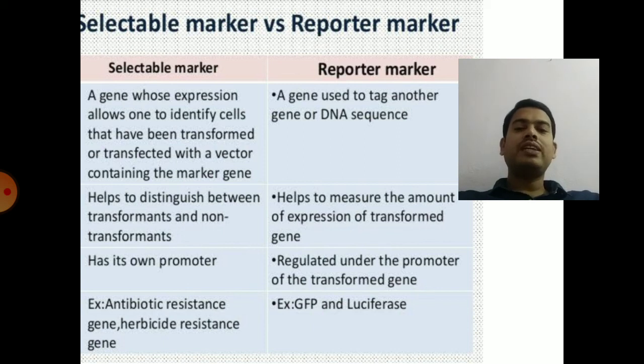The best examples of selectable markers are antibiotic resistance, herbicide resistance, etc. Reporter markers are green fluorescent protein and luciferase. GFP is a fluorescent protein. If the expression of your foreign DNA is more, the fluorescence will be more. If it is less, the fluorescence will be less.